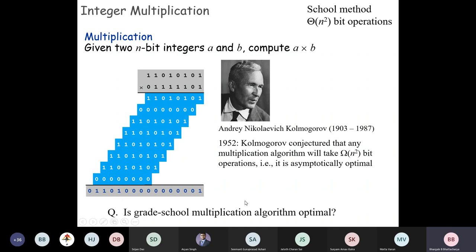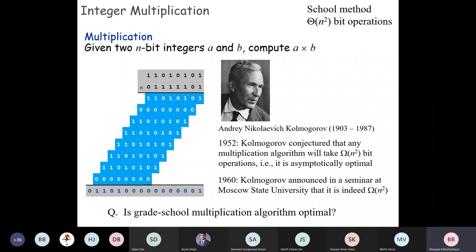This is a lower bound, it's quadratic. And a few years later, in 1960, he announced in a seminar that it is indeed optimal. It would take n squared time.